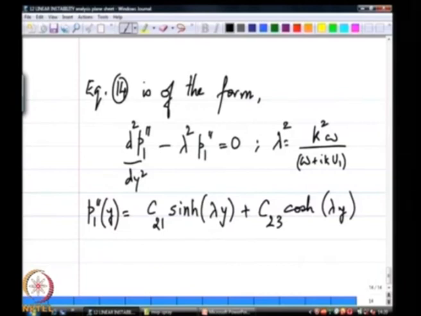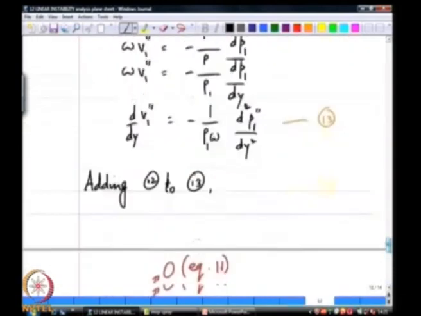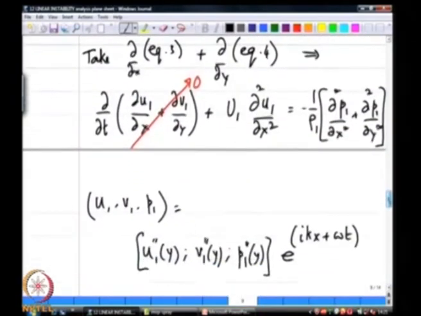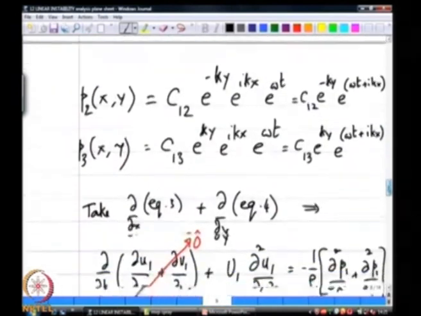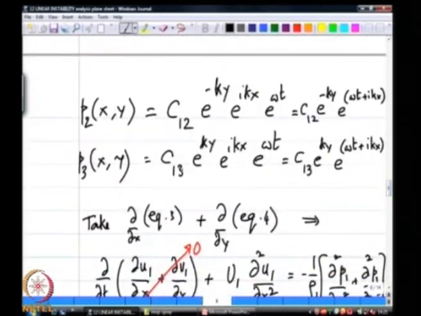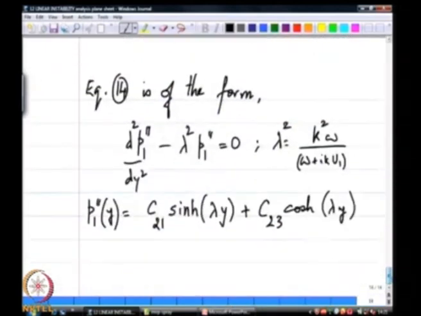Okay. So, I have C 2 1 and C 2 3 as yet undetermined, and likewise you have these two constants in the pressures, C 1 2 and C 1 3. So, I have C 1 2, C 1 3, C 2 1 and C 2 3.